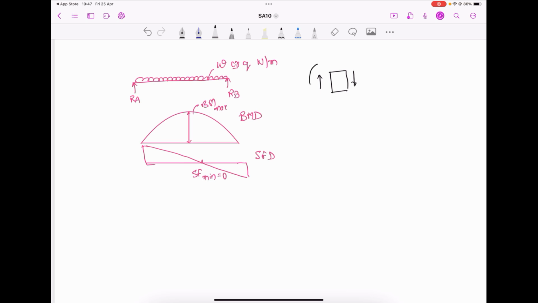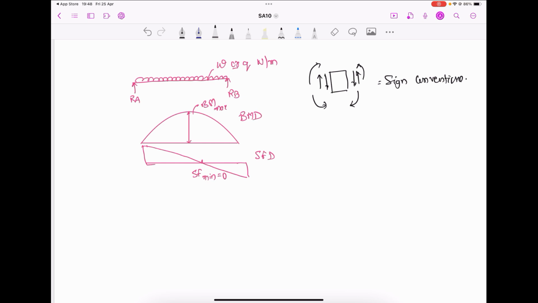There will be either sagging moment or hogging moment. The shear force can be like this or like this. These are the two combinations we get for shear force and bending moment, with the sign convention which I have explained in my previous classes. Please follow that sign convention.